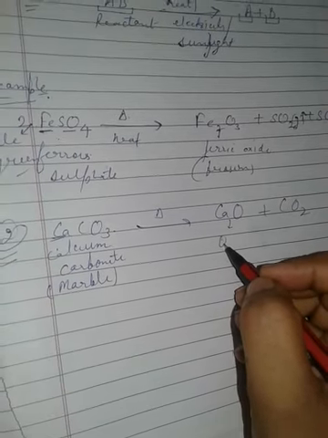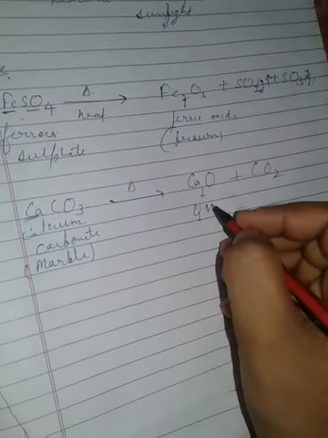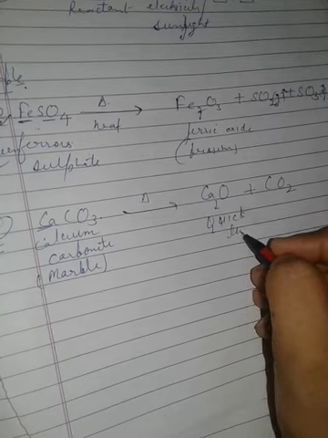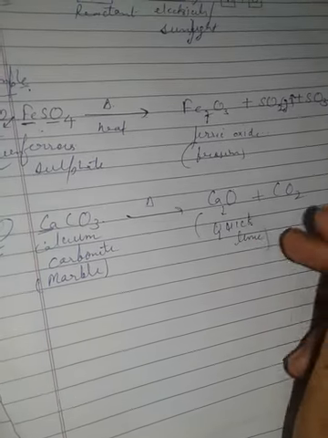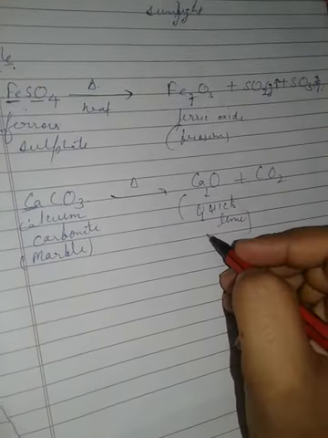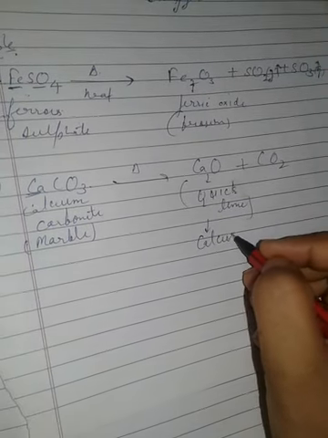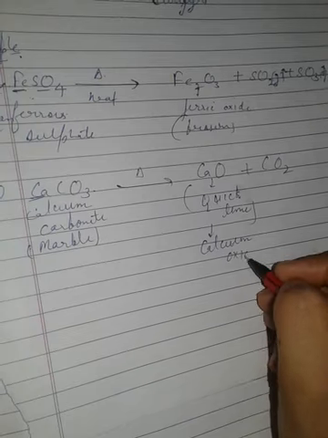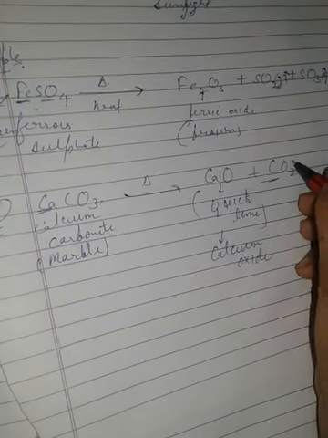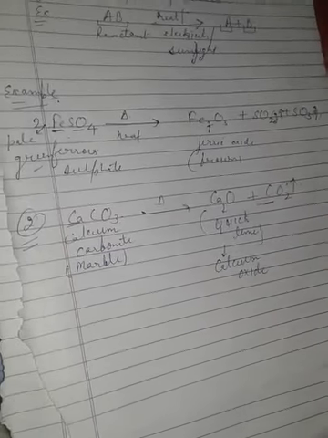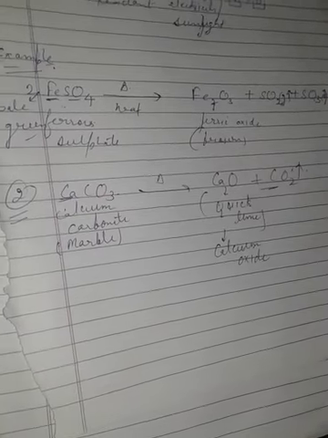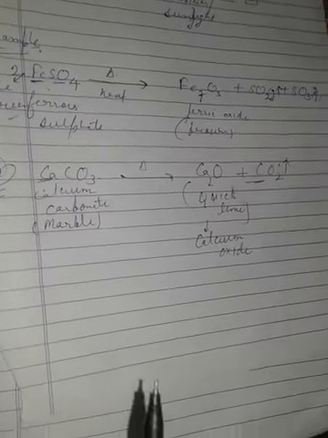This is known as quicklime. You have to learn their common names also. Otherwise chemically it is known as calcium oxide, with the evolution of carbon dioxide gas. So this is the second example we have to cover in decomposition reaction.